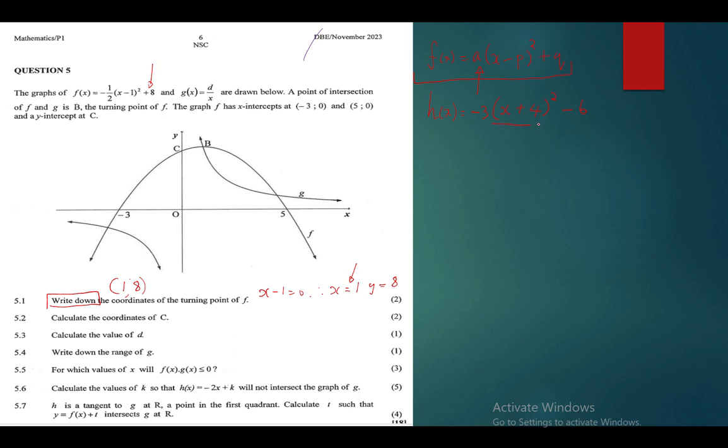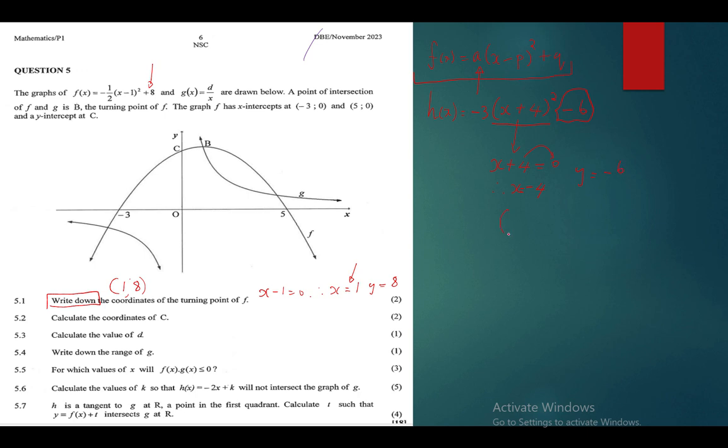You come to the brackets. What you do to the brackets, you equate your brackets to 0. So therefore the x turning point is minus 4. And what is the y turning point? I said the number at the end of your equation is your y turning point. y equals negative 6.